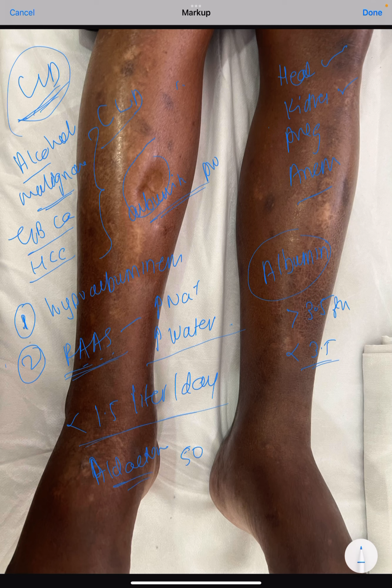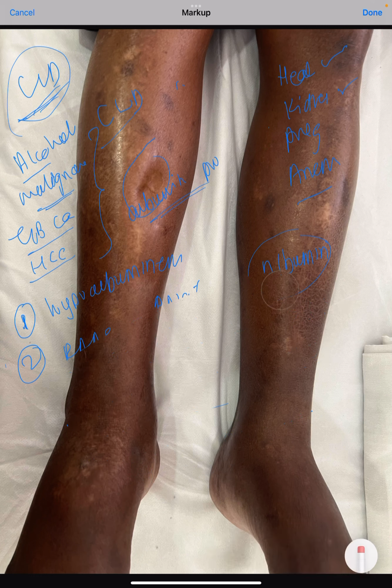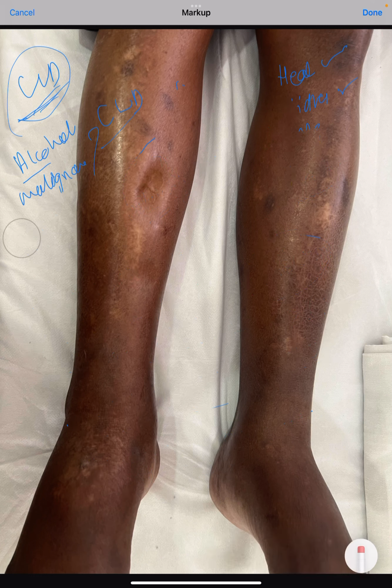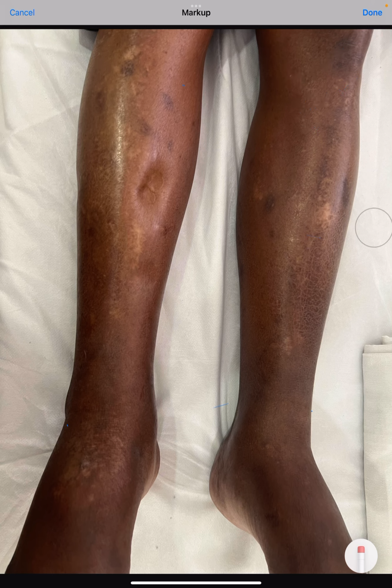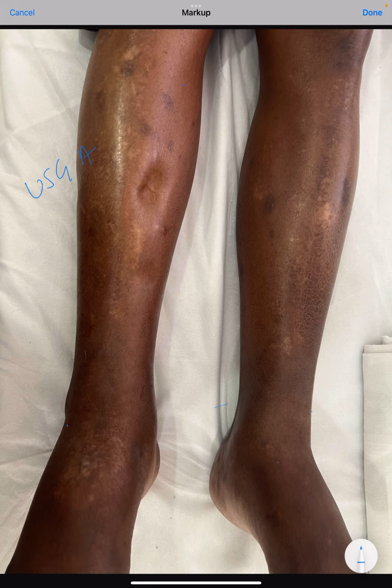Aldactone can be given from 50 to 200 milligram per day mostly. More than 200 milligram is not usually used in most patients, though it may be used in some patients. So for CLD, you again can do sonography of the abdomen.